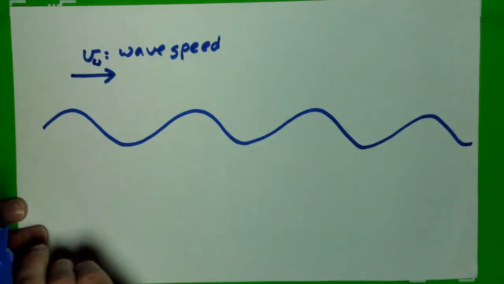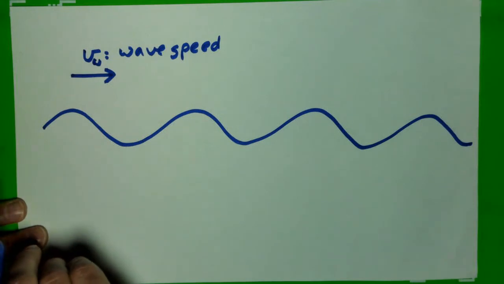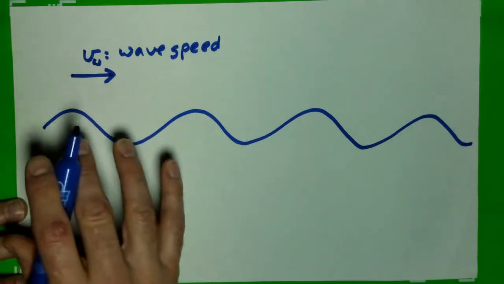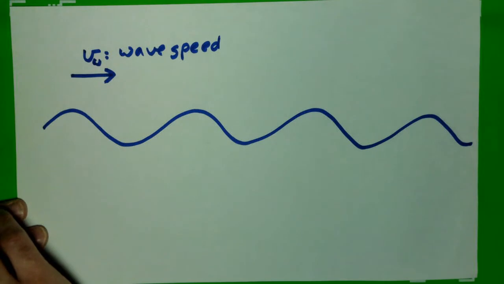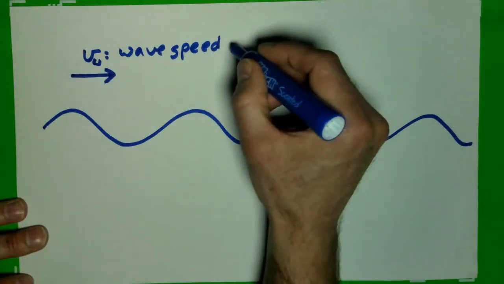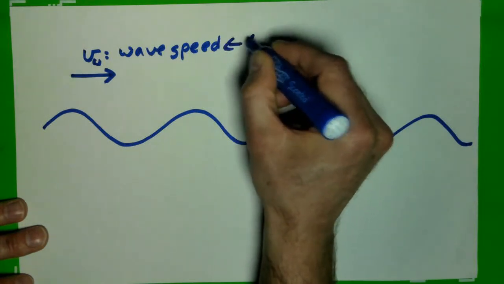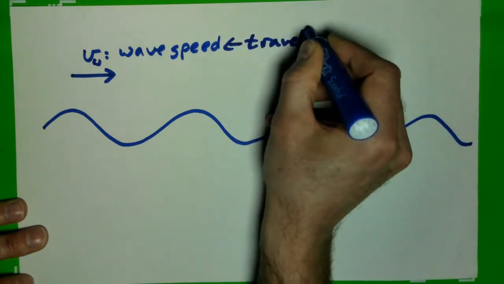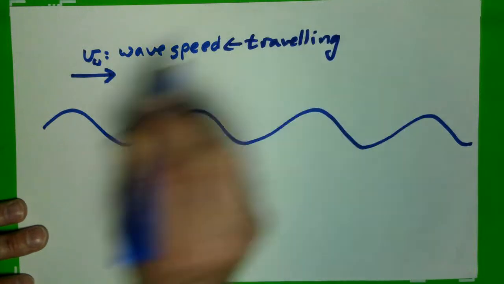That would be the wave speed on the string. And we have a relationship that we can derive, and the text derives. But the important thing is this is the speed of what's traveling, whatever is traveling. So we have wave speed.